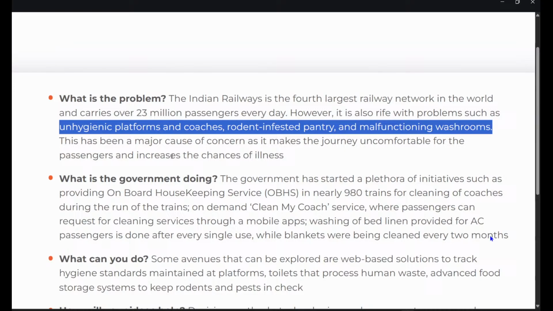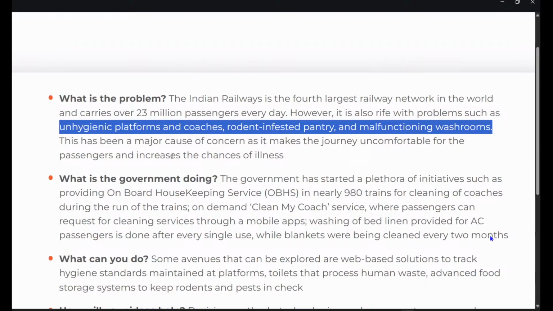Let us say for each and every compartment, or each and every platform, we have an auto cleaning robot which can identify objects, differentiate between people, and identify the different unhygienic places.